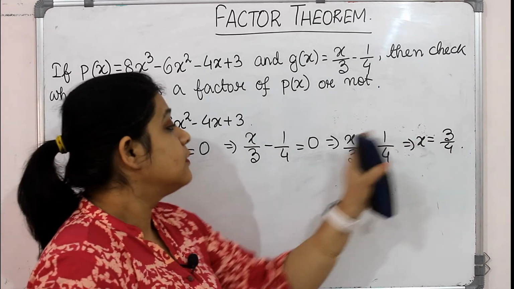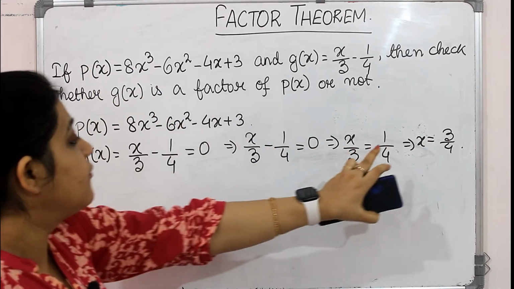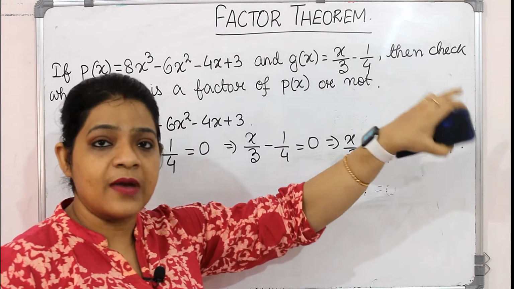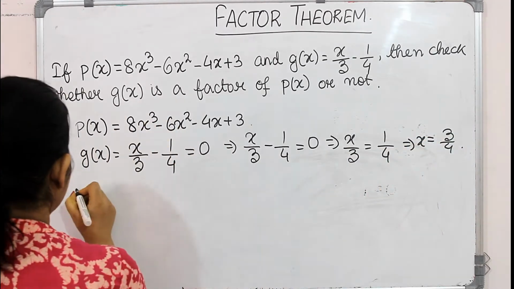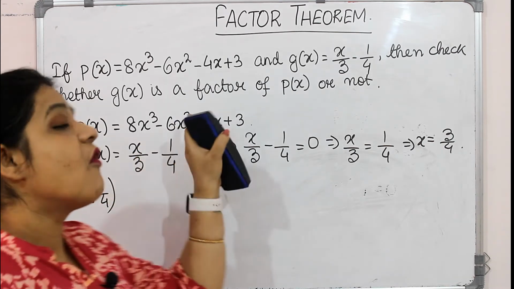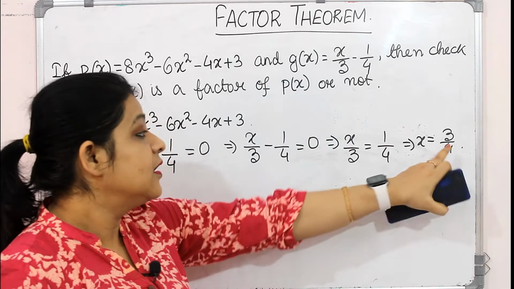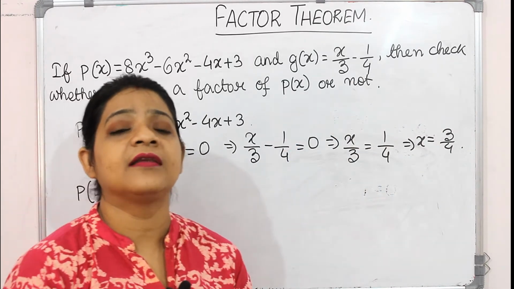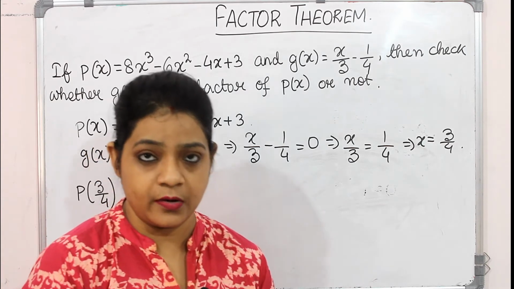Now you will replace p(x) with p(3 by 4). In place of all the variables x, you will put 3 by 4, and let's check whether the final value comes out to be 0 or not.